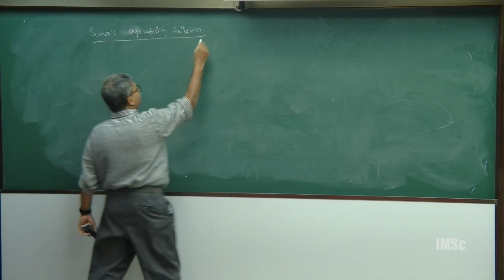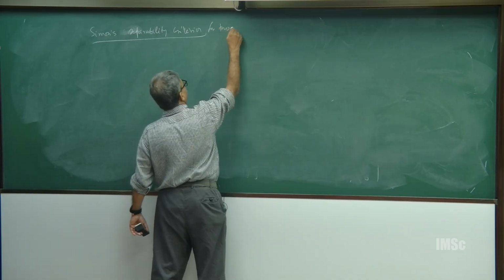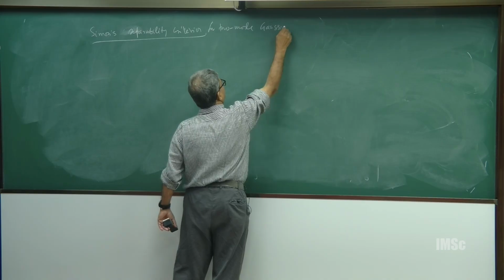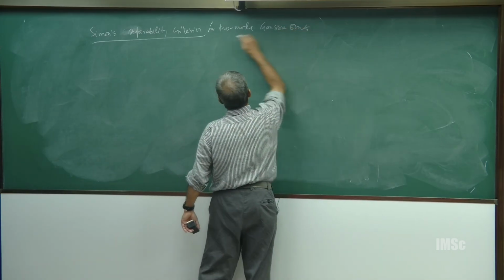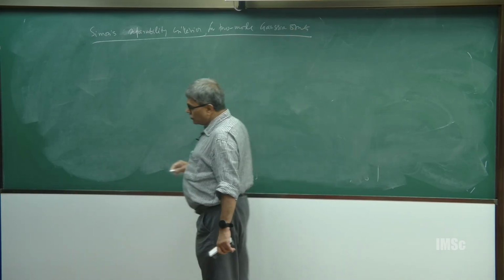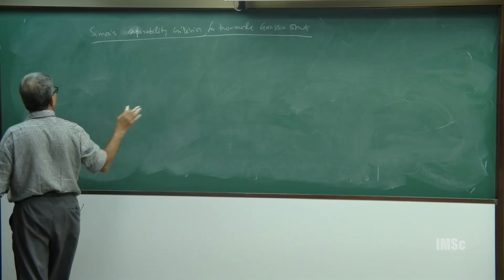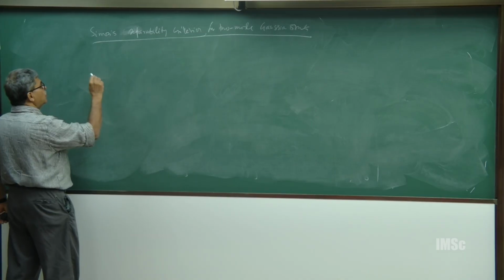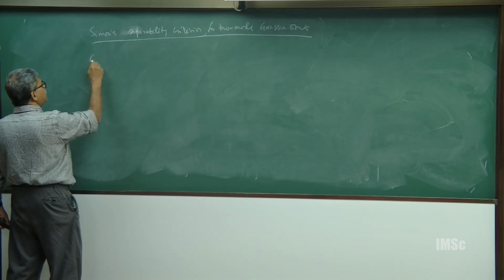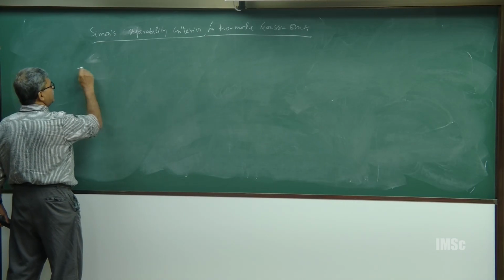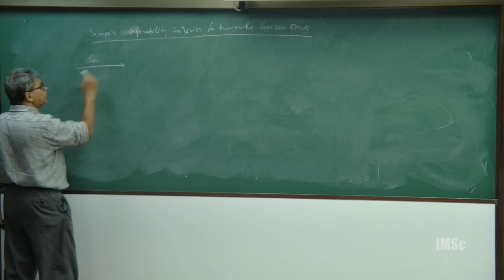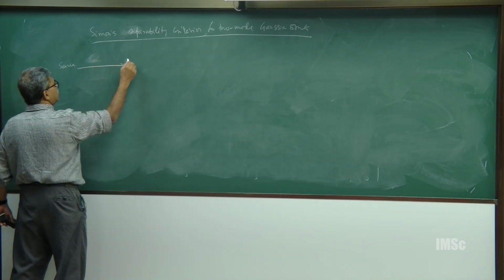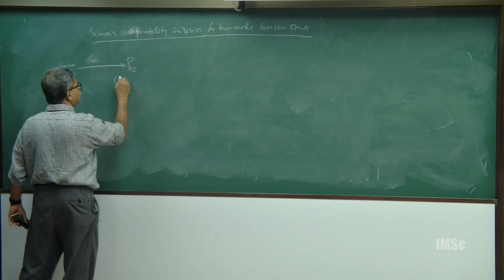For two mode Gaussian state. So, what I will try to convince you is that, let us say this is my source which provides me a rho 1 2 which is a two mode Gaussian state.